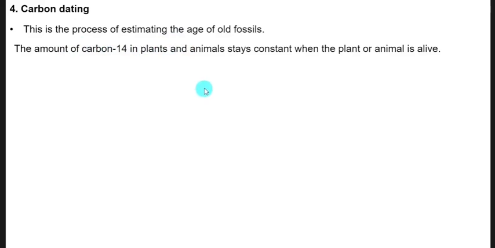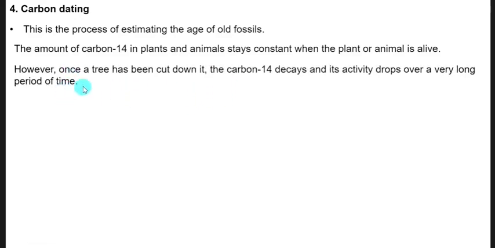So get this principle. However, once a tree has been cut, the carbon-14 decays and its activity drops over a very long period of time. Because carbon-14 has a long half-life, even when it is decaying, it takes long to decay.